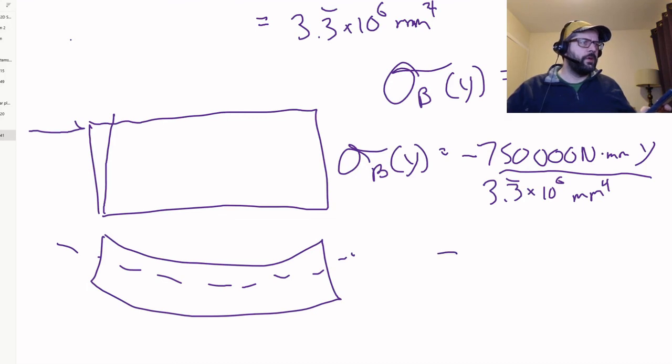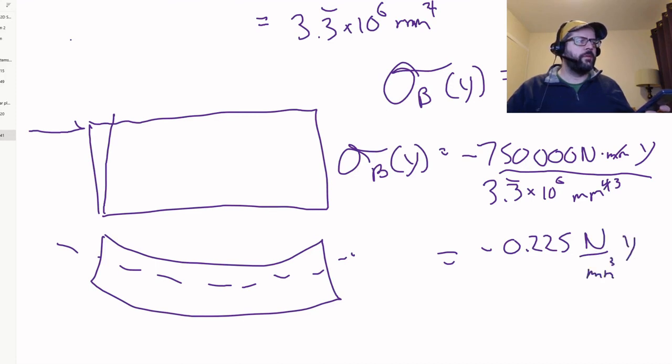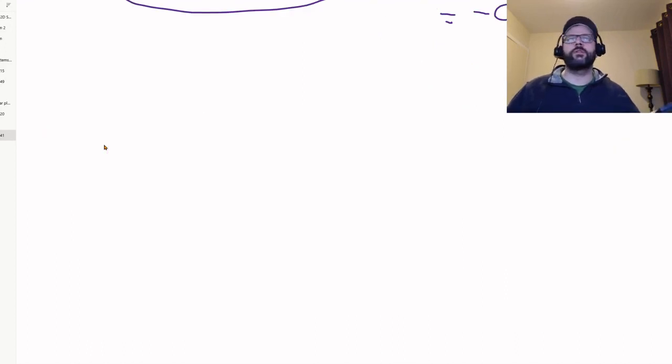So that'll be negative 0.225. And the millimeters here cancel out with one of these. So again, newtons per millimeter cubed times y, or as we saw before, megapascals per millimeter times y. So we plot how that distribution is going to occur over the face here.